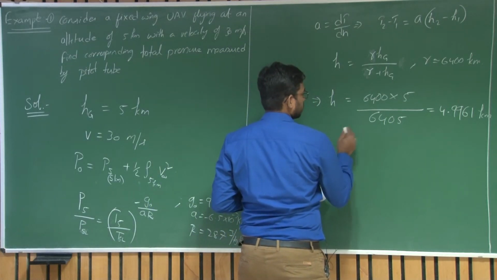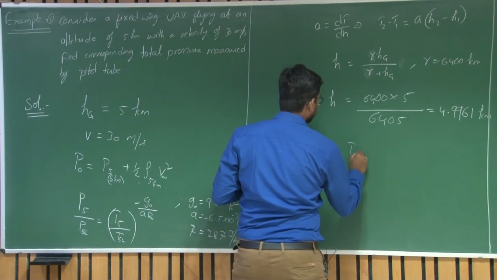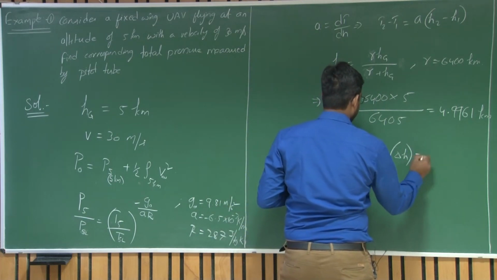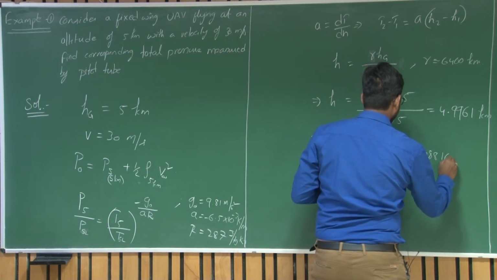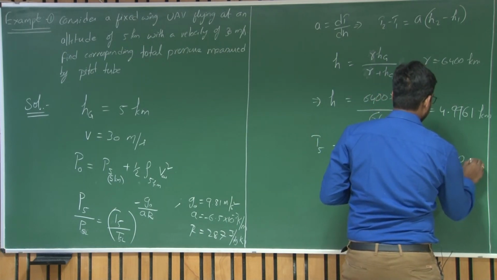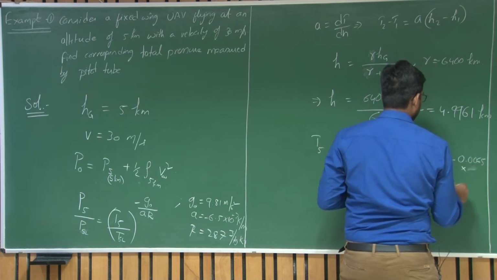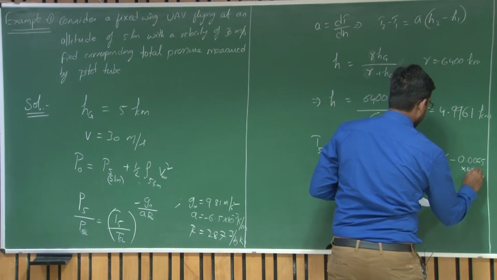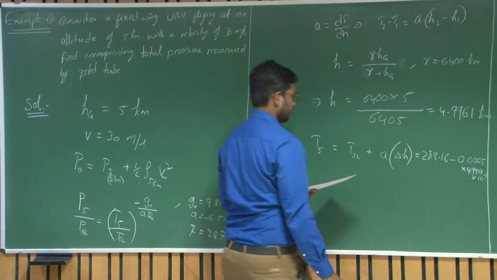And now, what is the temperature? T at 5 kilometers is equal to T at sea level plus a into delta H, which is T at sea level, 288.16 Kelvin, minus 0.0065 into 4.9961 into 10 to the power of 3.